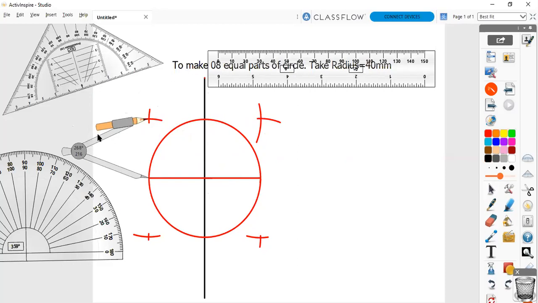Like this. So now you can easily see we have bisected each and every part. If you only consider this one point, then it will be fine.